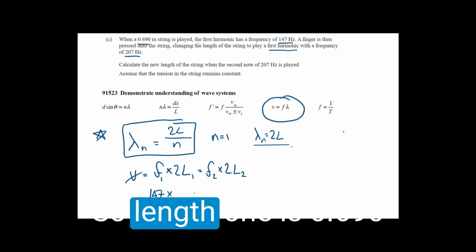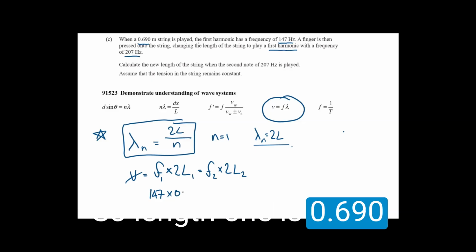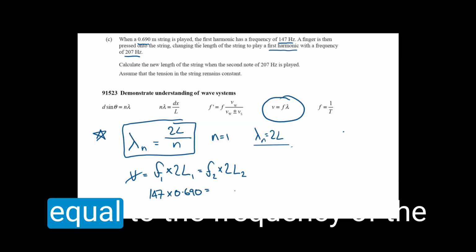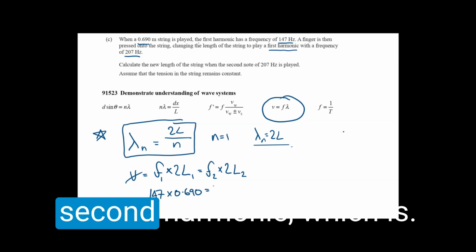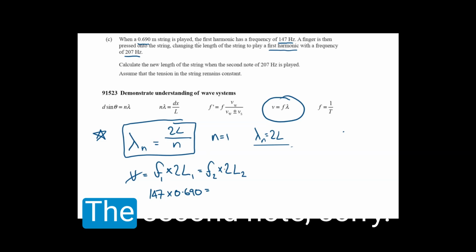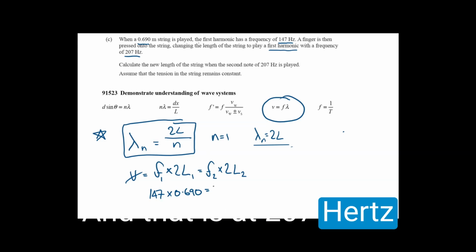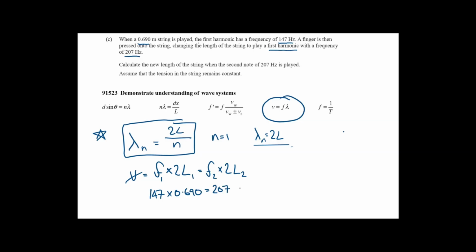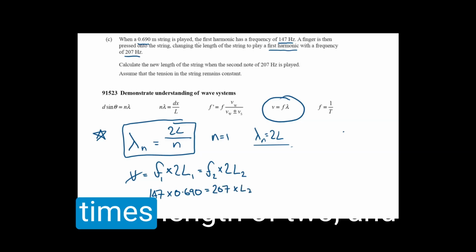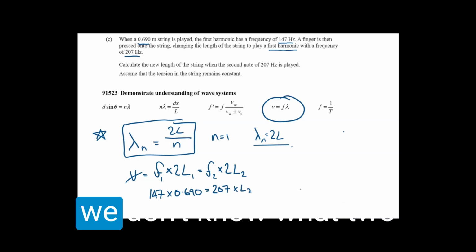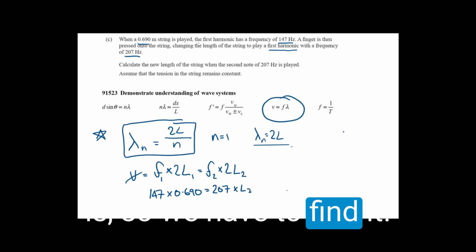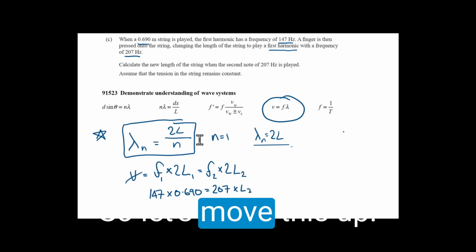So length 1, 0.690 meters, is equal to the frequency of the second note, 207 hertz, times length 2, which we don't know, so we have to find it.